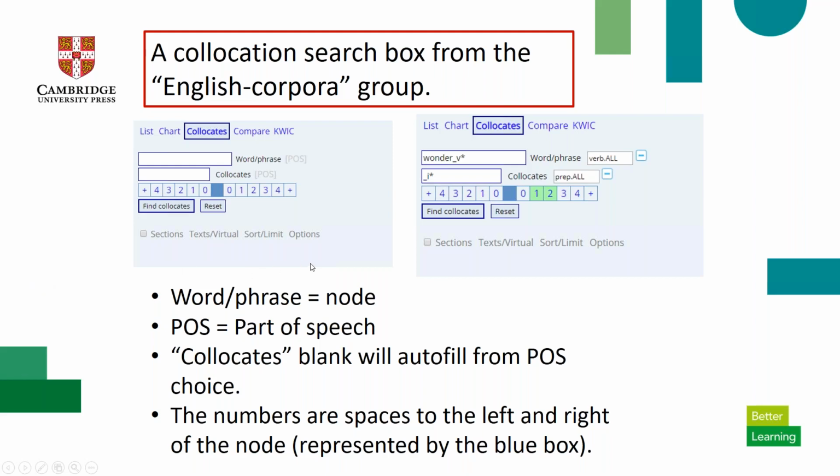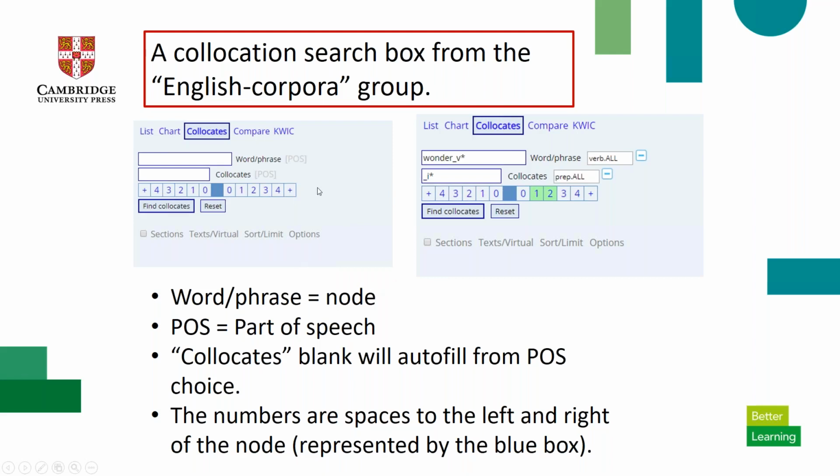When you're looking up collocations with this tool, the word that you want to find collocations for, and in this case, I'm showing the verb wonder, not the noun wonder, I've typed that into the word that we're going to search for. That's called the node. That's the word around which you're trying to find collocates.